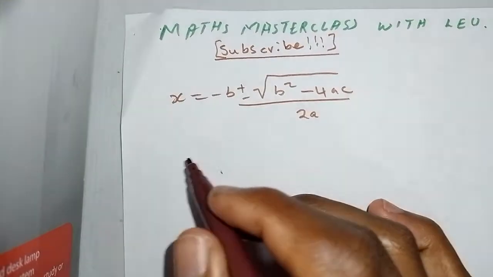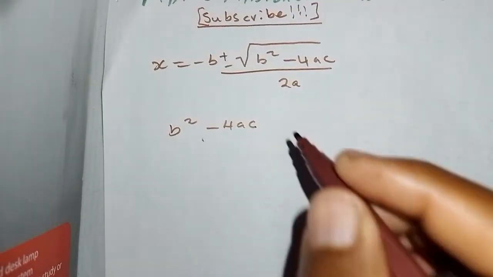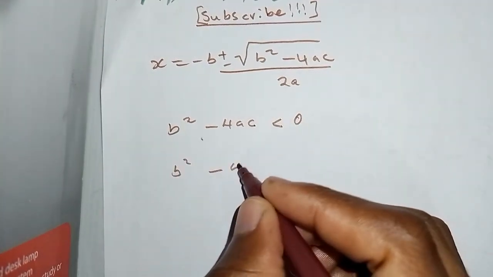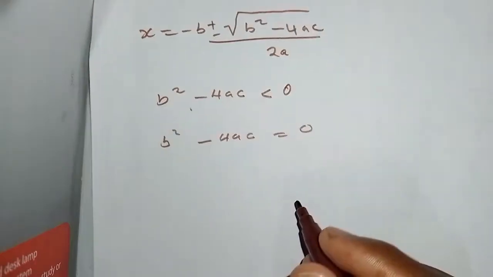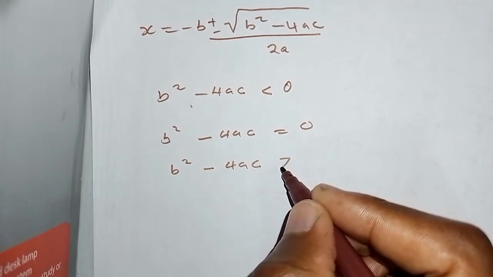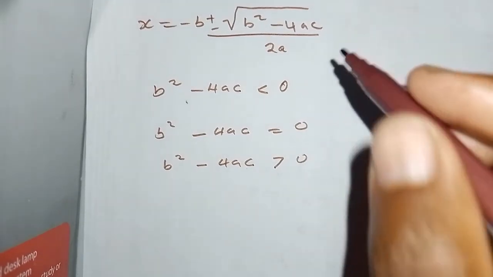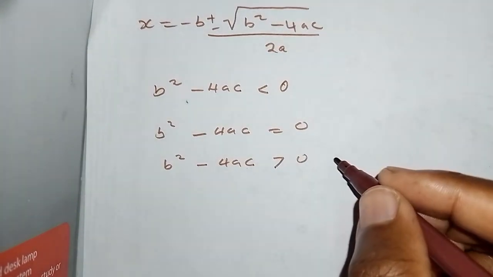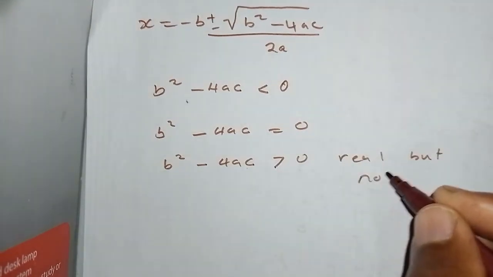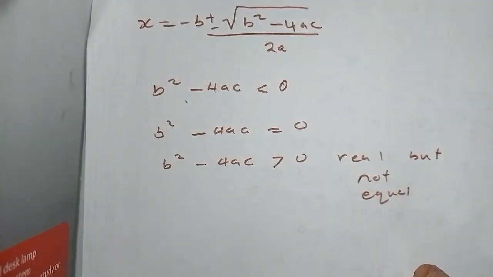And then you need to know what you call the b squared minus 4ac discriminant. What does this mean? In this case, it means we have real roots, real but not equal, right?